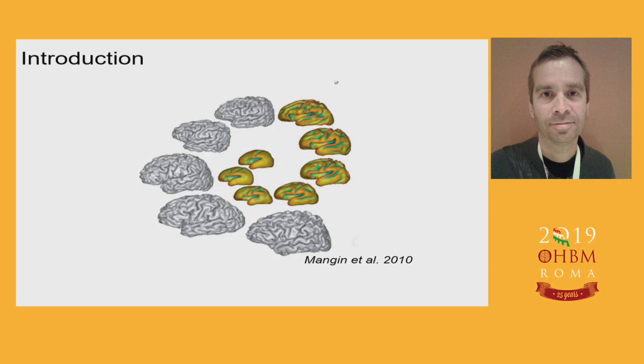Now, new metrics that tap these huge neurodevelopmental changes that take place prenatally and early postnatally might tap these early changes better compared to traditional metrics. So metrics that are specific to sulci and gyri might tap these changes more specifically than, for example, traditional measurements such as cortical thickness.